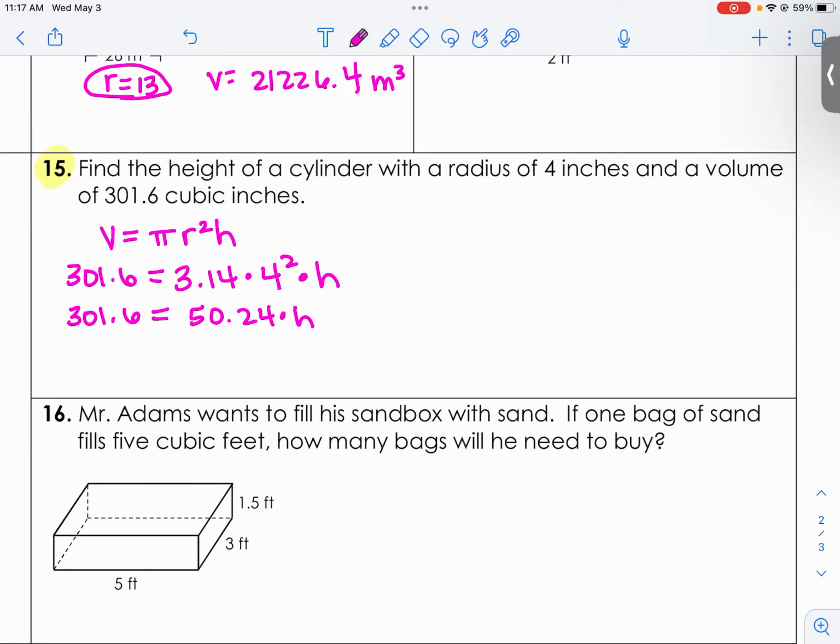So I have 301.6 equals 50.24 times h. How do I get h? We need to divide both sides by 50.24 to get a height of, drum roll, 6.